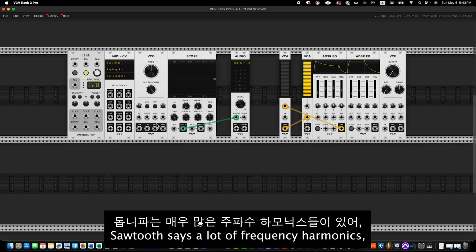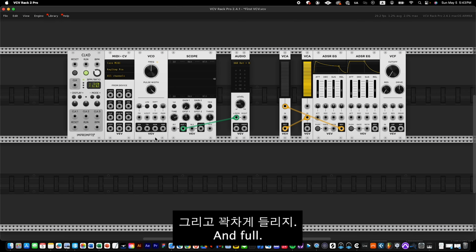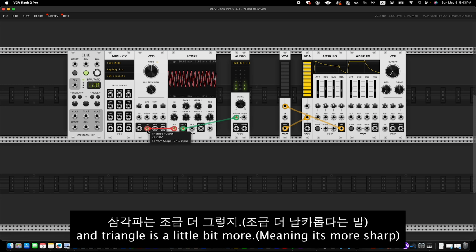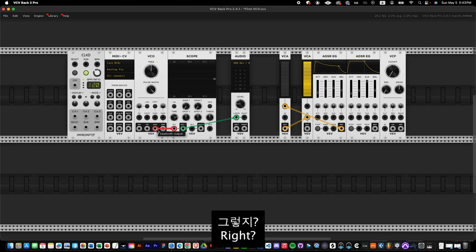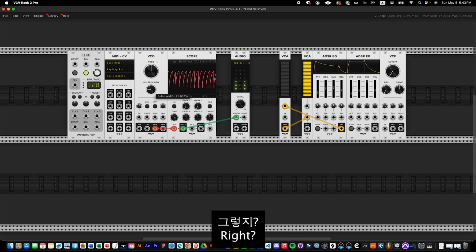Sawtooth has a lot of frequency harmonics, which is why it sounds so rich and full. On the other hand, the sine wave is so smooth, and triangle is a little bit more. Did you hear the difference?